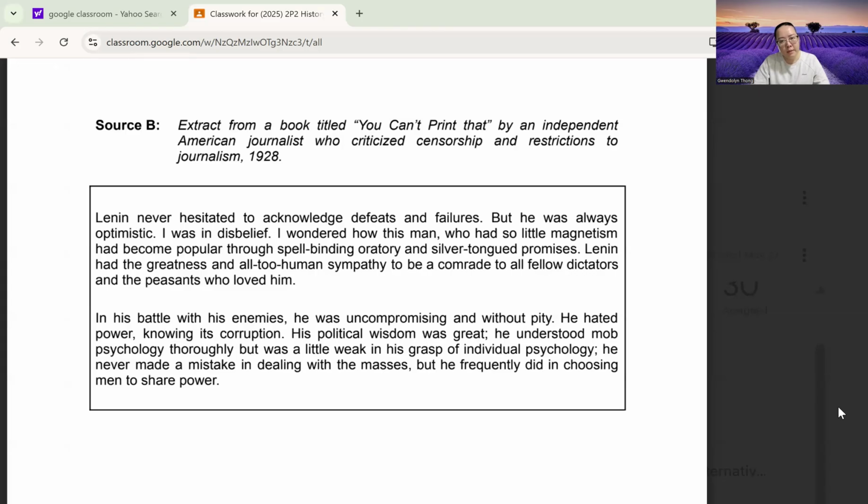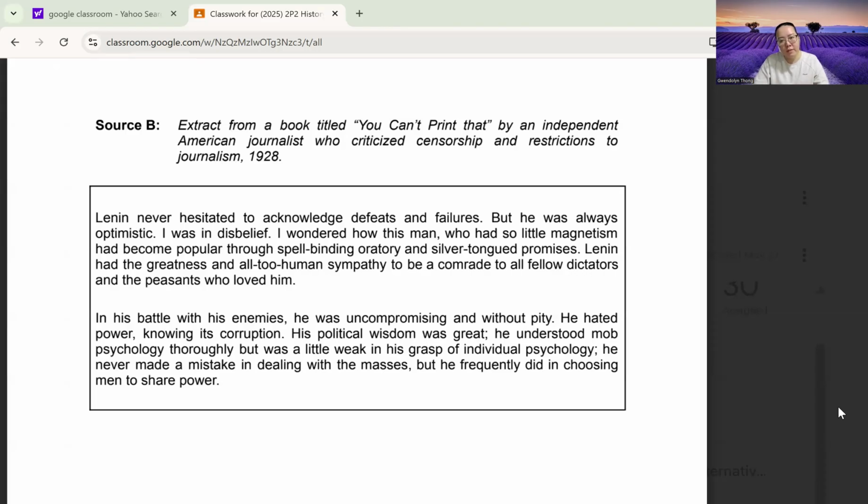And perhaps this becomes a very good context to then justify why there was a need for censorship and restriction, because if you acknowledge that the leader is a good leader, then perhaps some level of censorship and restriction is justified.